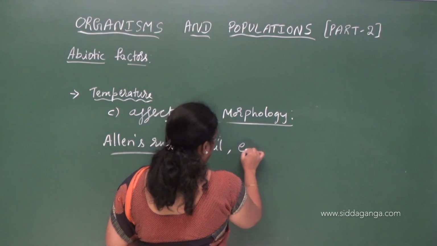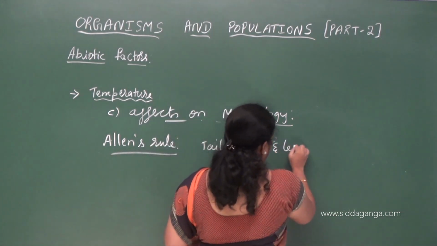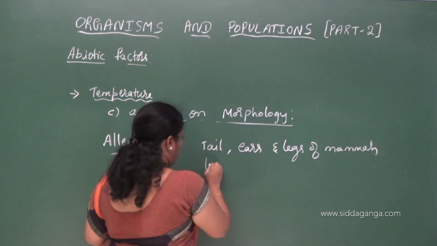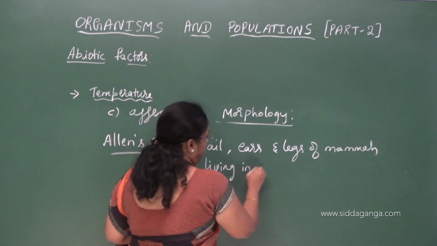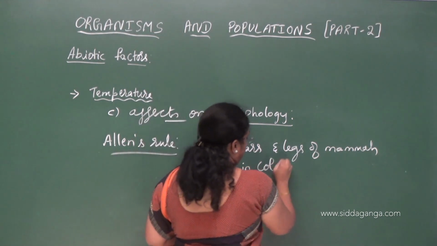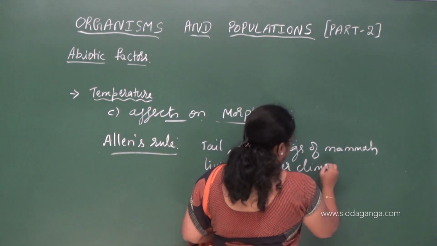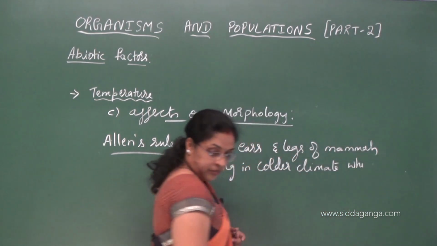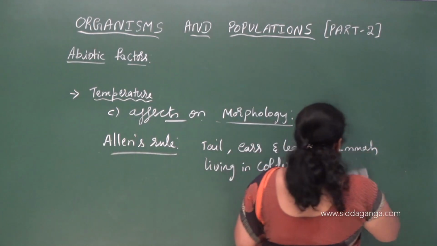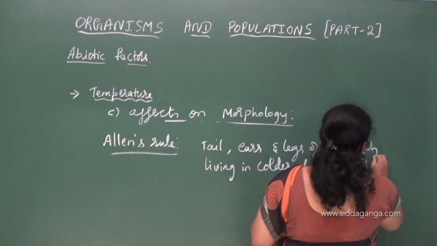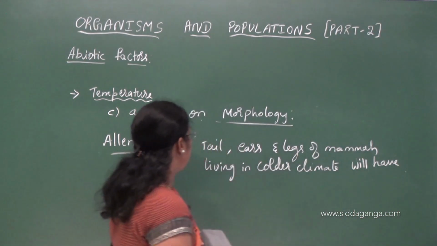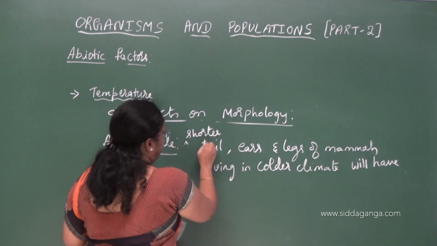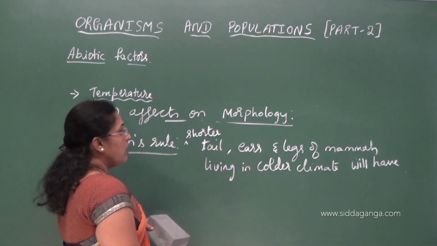Mammals living in colder climates possess shorter tails, ears and legs.